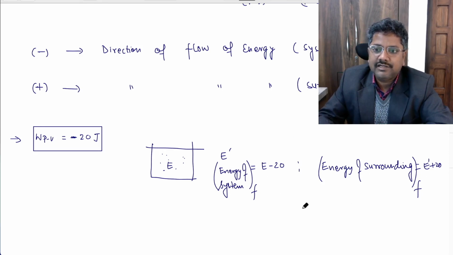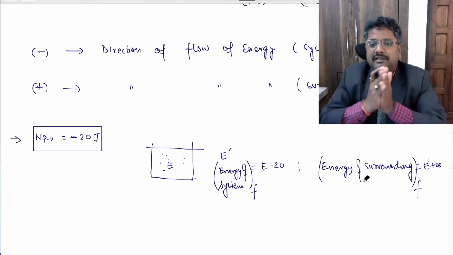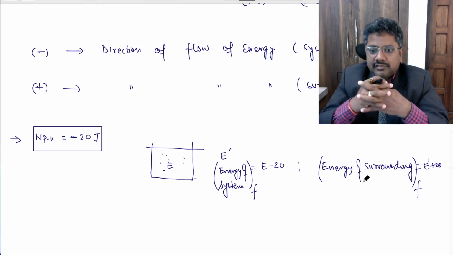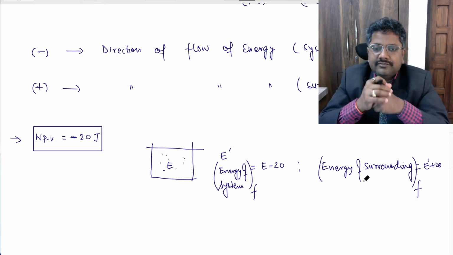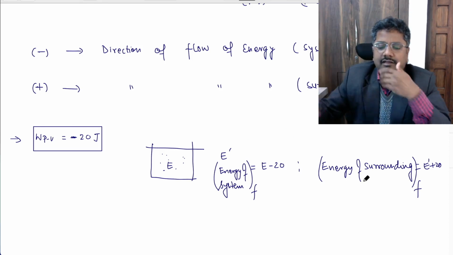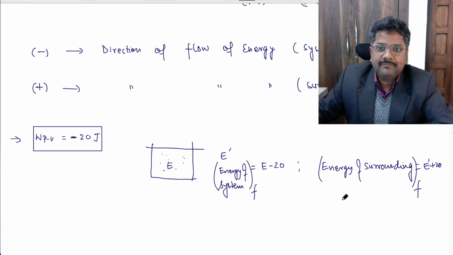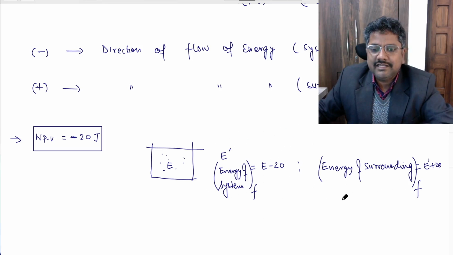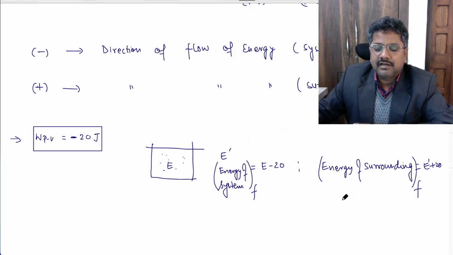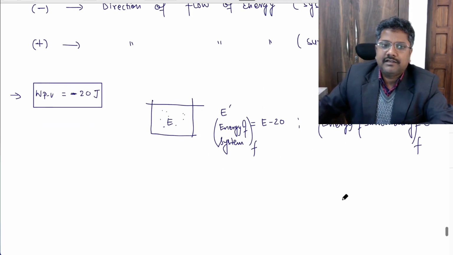So in an isolated system, the energy of the system plus the energy of the surrounding is conserved. And this is basically the first law of thermodynamics. So slowly we are heading towards the thermodynamics first law. So this is the sign convention and interpretation of different parameters.